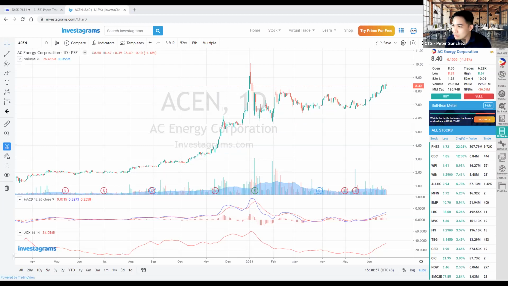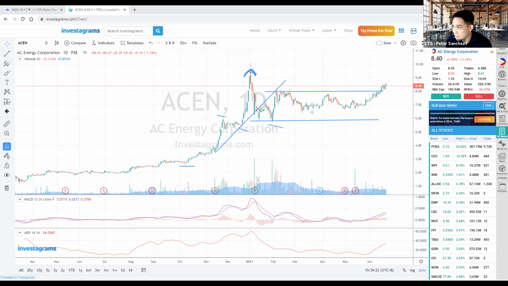Pinaka-uptrend line natin: low, high, higher low, higher low, higher high. Ito na lang, so pinaka-uptrend na nakikita ko ito. Mostly sideways trend yung nakikita ko, and nag-breakout siya doon. But at the same time, may previous high tayo dito na possible resistance. So mini sideways trend, nag-breakout siya.